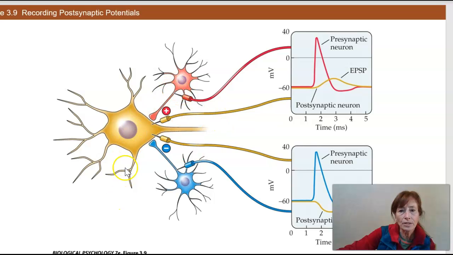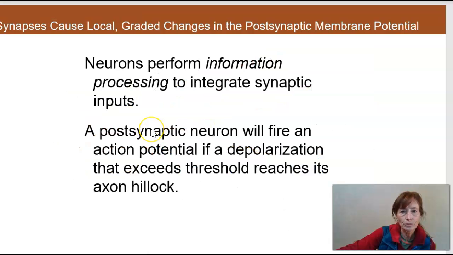So both of these can happen simultaneously, and as a matter of fact, you can get many, many more inputs to any neuron. And so the job of the axon hillock then is to add up or do summation, to add up the pluses and the minuses, the EPSPs and the IPSPs, and to determine have we reached that threshold that would be required to create an action potential, to open that first voltage gate in this original neuron.